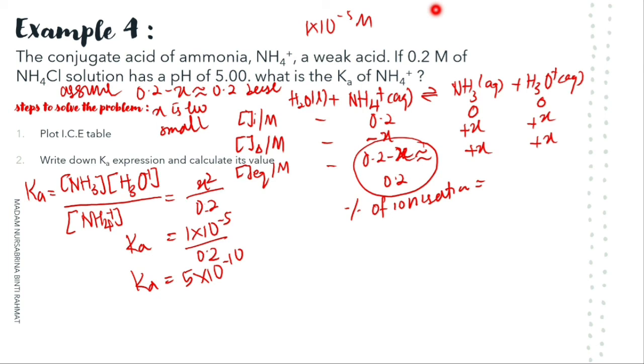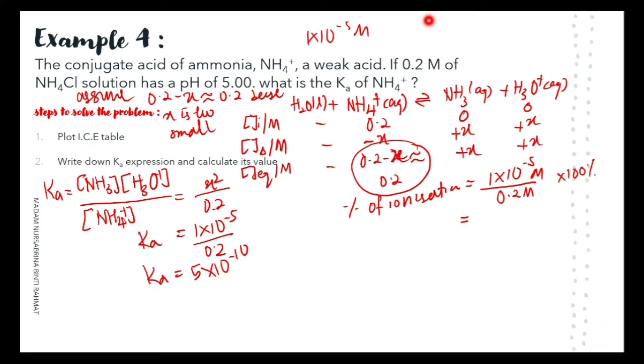Percentage of ionization equals the change in concentration of the reactant, which is your X value, 1 times 10 minus 5, over the original concentration of the reactant, 0.2 molar, times 100%. If you press your calculator, you will get about 5 times 10 minus 3%. It's far away from 5%. Therefore, the assumption is justified.